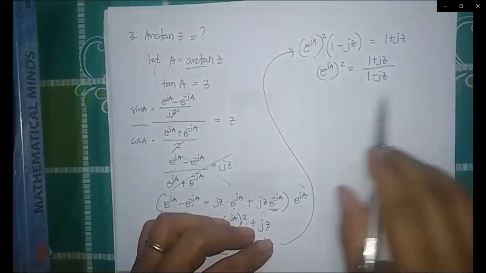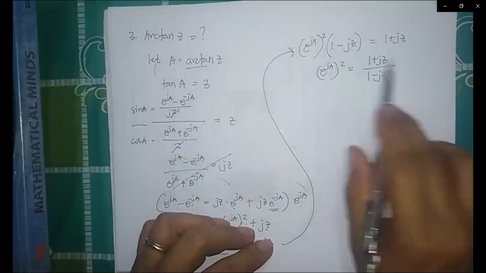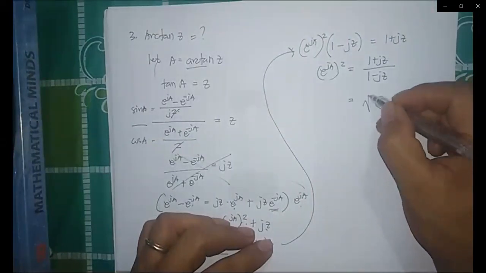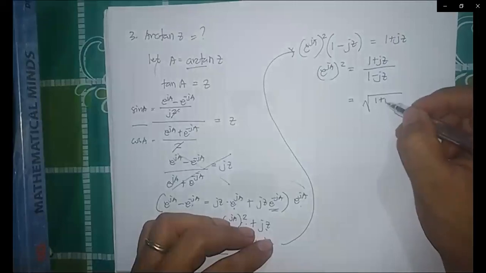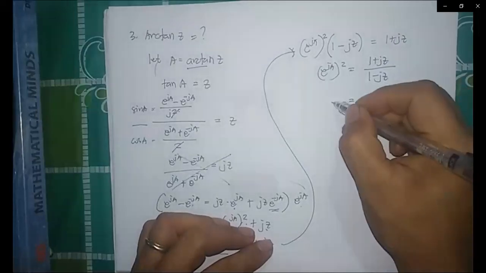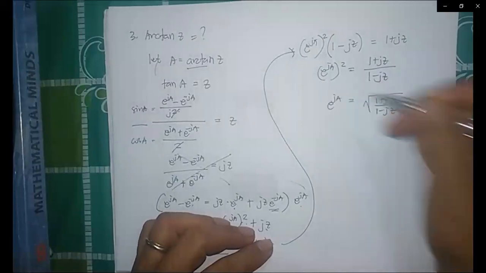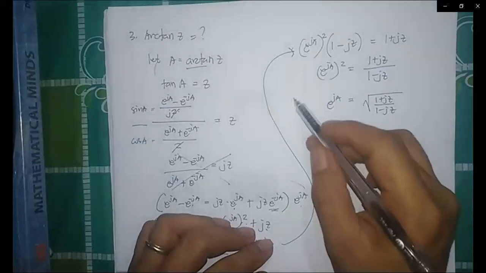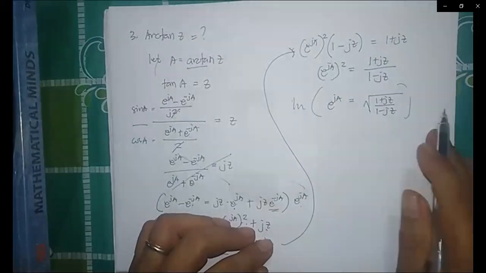Okay. After dividing, we are going to take the square root of both sides of the equation, leaving you the square root of 1 plus jz all over 1 minus jz. This will become e raised to ja. Take note, square root can be transformed into power.